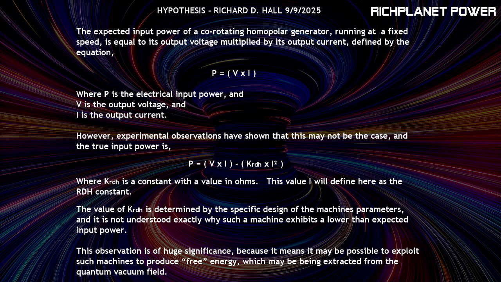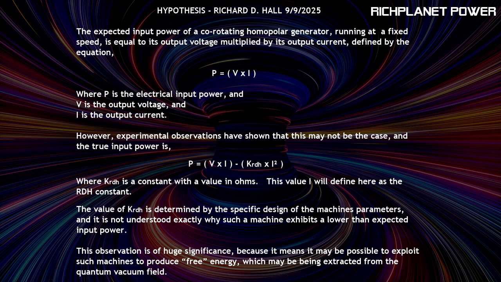The expected input power of a co-rotating homopolar generator running at fixed speed is equal to its output voltage multiplied by its output current, defined by the equation P equals V times I, where P is the electrical input power, V is the output voltage, and I is the output current. However, experimental observations have shown that this may not be the case, and the true power is P equals V times I minus K times I squared, where K is a constant.